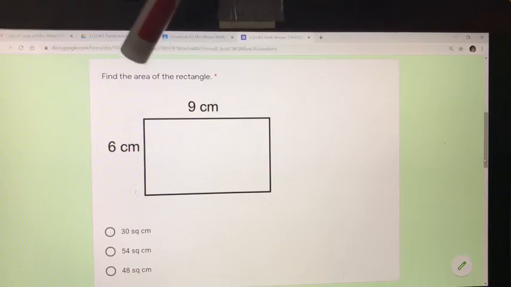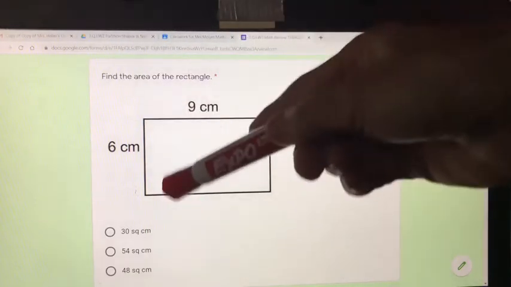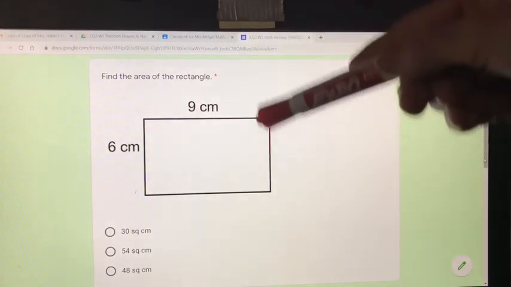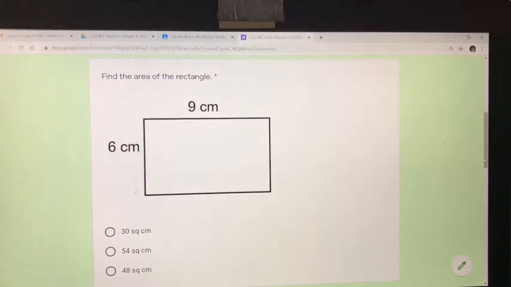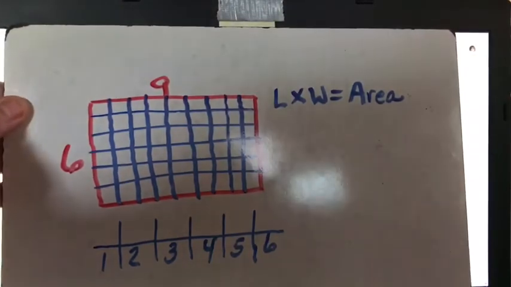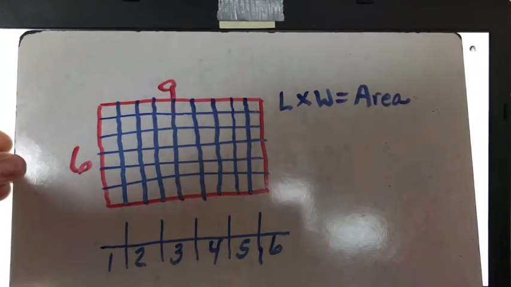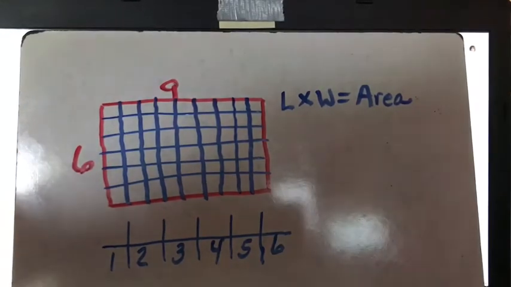All right, our next problem says find the area of the rectangle. So we're still dealing with that keyword area. Remember, area means the inside. All those little square units inside. So we have a 9 by 6 or a 6 by 9 rectangle, and we're trying to find the area. So I drew a picture to show what that would look like.